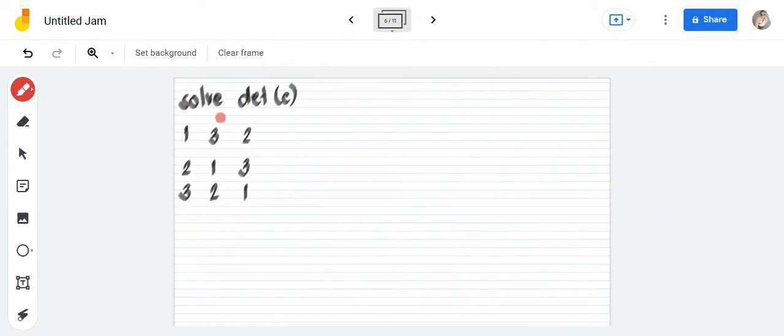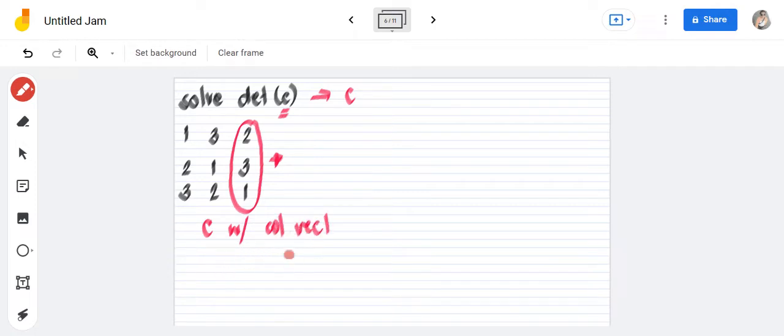So next, we have the determinant of c, so we can solve for the unknown c. We can do that by replacing the column representing the coefficients of the unknown c with our column vector of the constants.